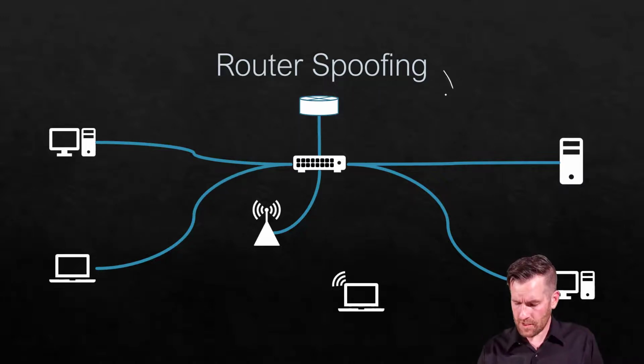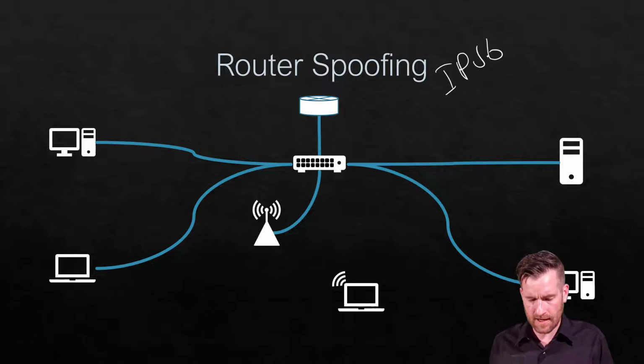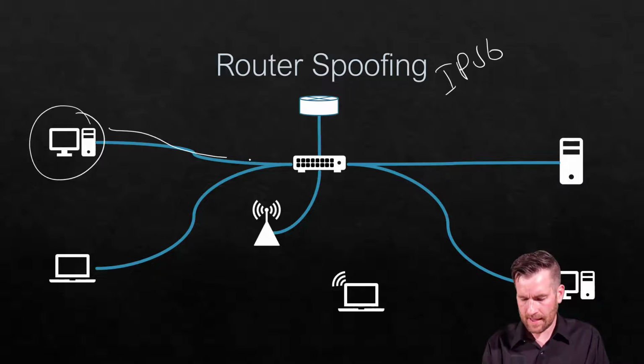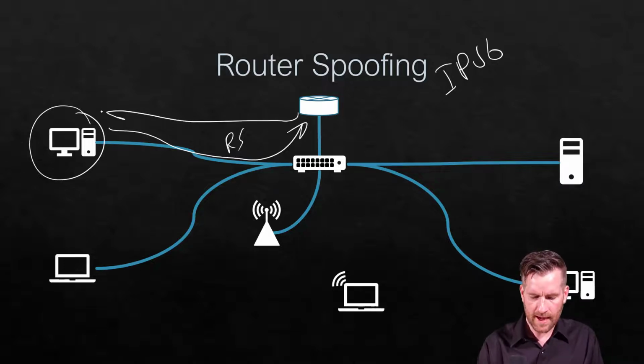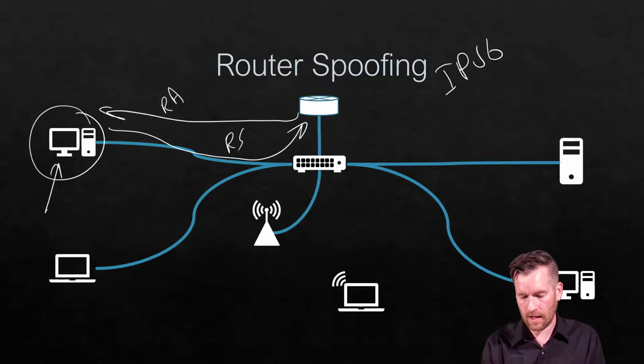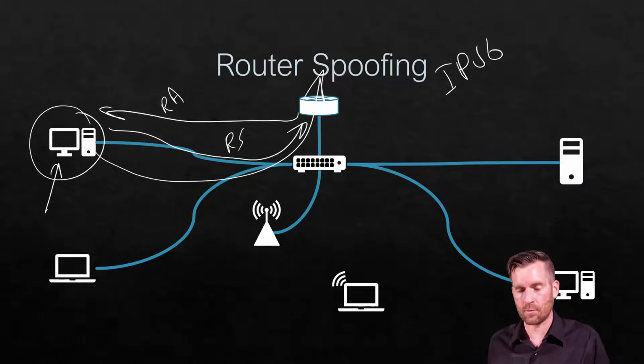With IP version 6, we have the router solicitation and router advertisement. So if this machine is sending out a router solicitation and then that router responds back with a router advertisement, it gives this machine necessary information on how to get out to the outside world.